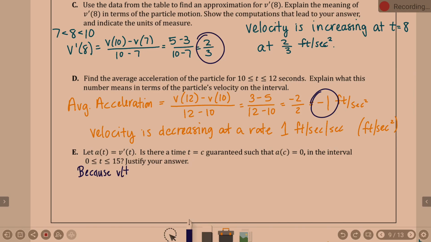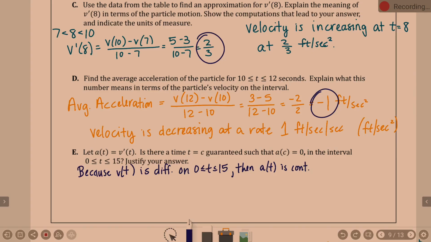Because v of t is differentiable on 0 to 15, then a of t is continuous. We have to state that acceleration would be continuous here.